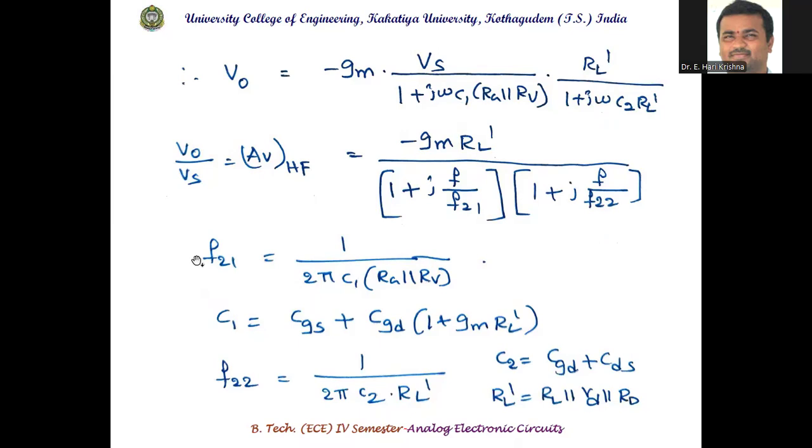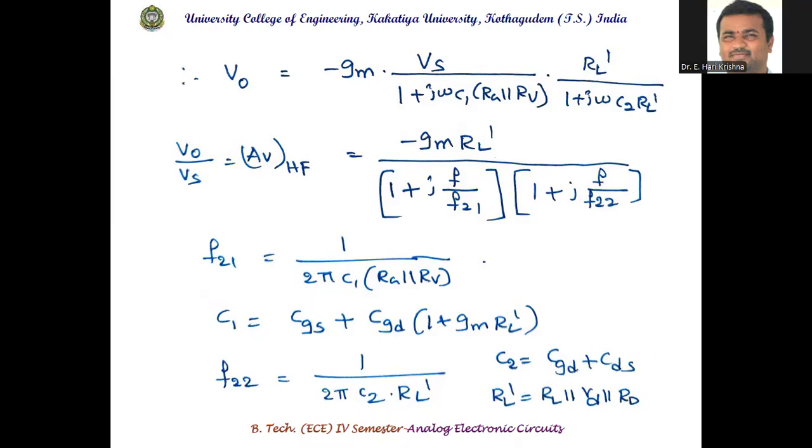Where f21 is equal to 1 by 2 pi C1 (RG parallel Rs). C1 is equal to CGS plus CGD into 1 plus gm RL dash. f22 is 1 by 2 pi C2 RL dash. C2 is equal to CGD plus CDS. RL dash is equal to RL parallel with small rd parallel with capital RD.